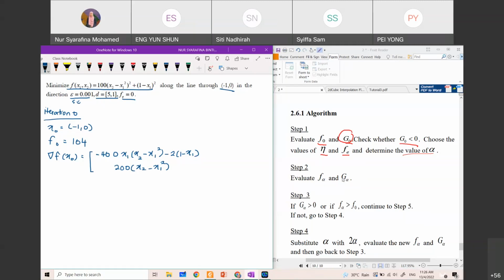The second one, we differentiate the function with respect to x2. All right, so this is your derivative of f. Now, for the derivative of f at x0, you just substitute x0, which is minus 1, 0.